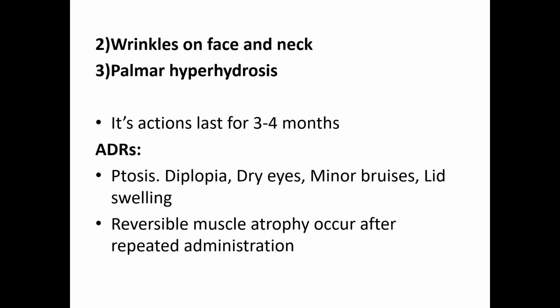Its actions last for 3 to 4 months. The adverse effects of botulinum toxin are ptosis, diplopia, dry eyes, minor bruises, and lid swelling. If we give repeated administrations of botulinum toxin, it causes reversible muscle atrophy.